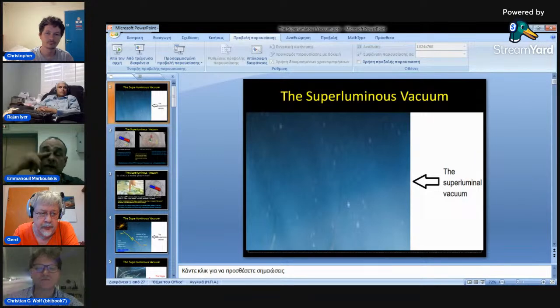So the static fields differ from electromagnetic waves. In the static fields, the flux which appears in the vacuum around the magnet or in an electrostatic apparatus is not made up from normal photons, but from what are called virtual photons.